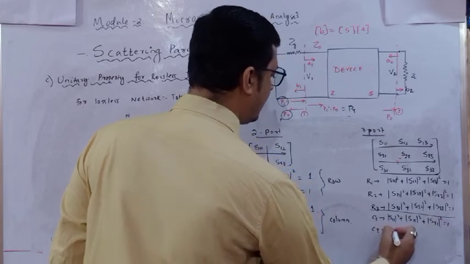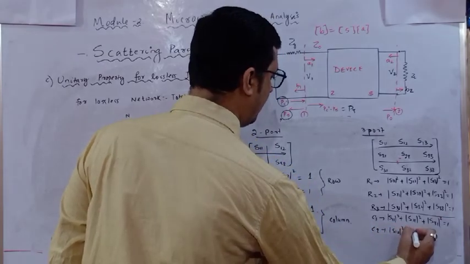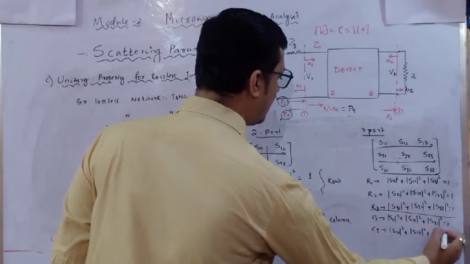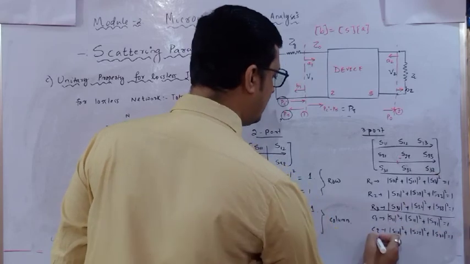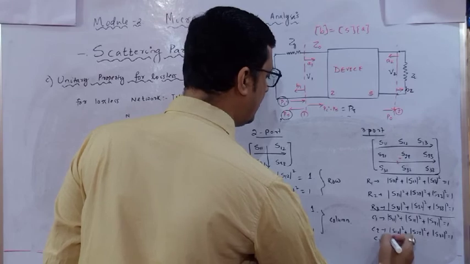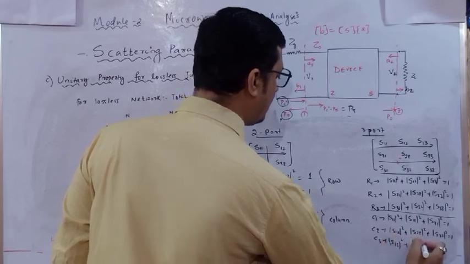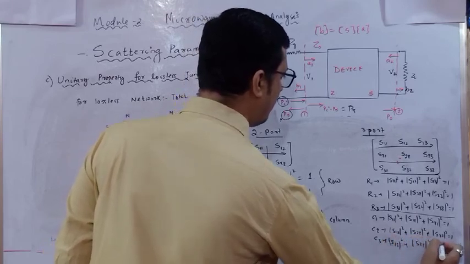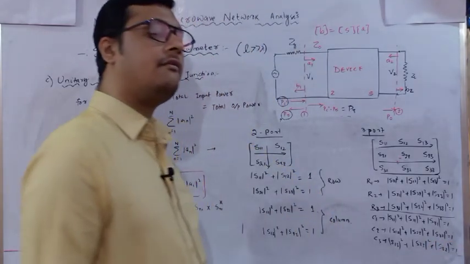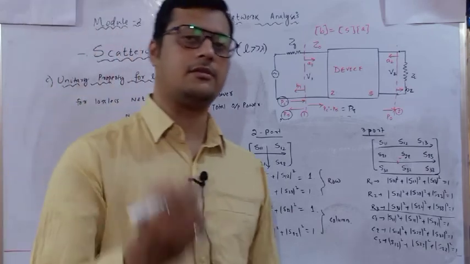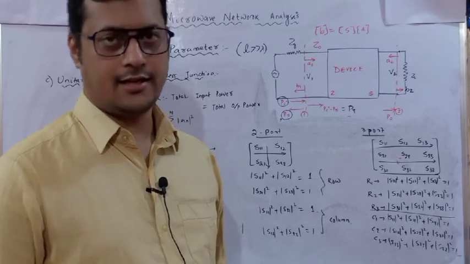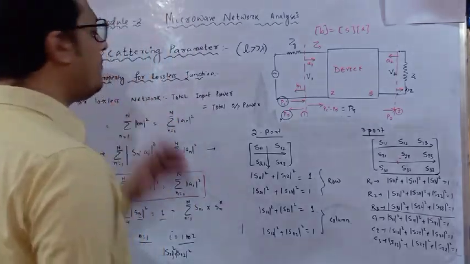C2 is S12 square plus S22 square plus S32 square equals 1. Similarly, the third column is S13 square plus S23 square plus S33 square equals 1. If any of these combinations equals 1, that means your network is a lossless network. So this is the third property.